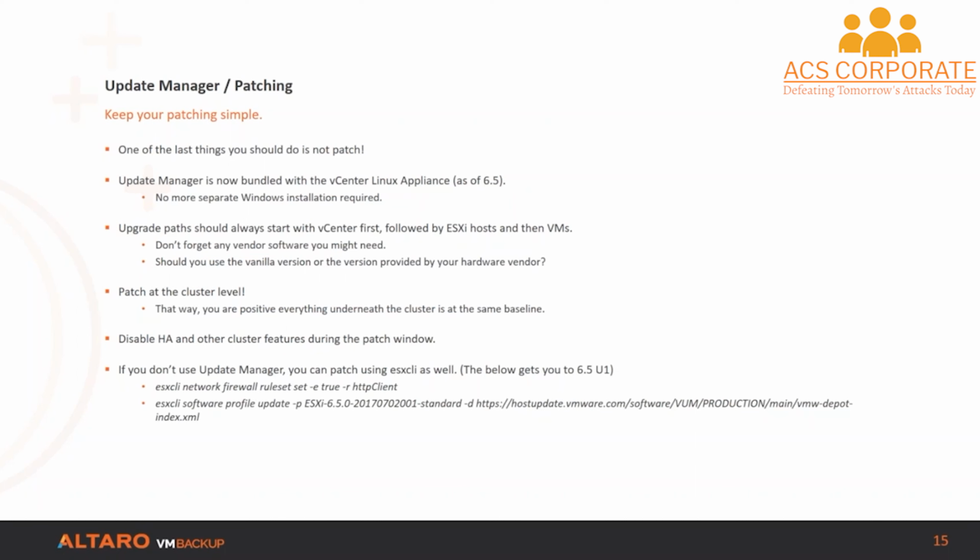A lot of people don't realize it, but you have to figure out which profile you want to use, because you're not always going to run that exact command. In that case, I'm saying ESXi 6.5.0, and then it gives you a date and a random number.